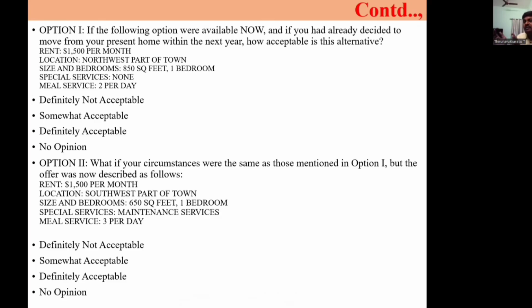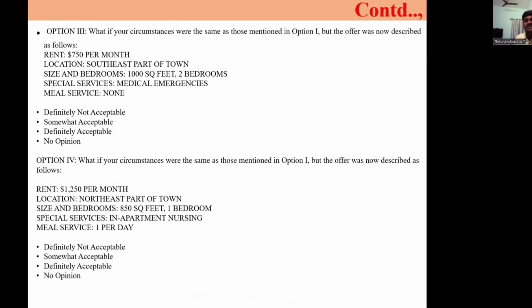Now we have included another four options: options 3, 4, 5, and 6. Option 3, $750 per month as rent, southeast part of the town, 1,000 square feet house with two bedrooms, and medical emergencies none. No meal services. Option 4 is $1,250 per month, northeast part of the town, 850 square feet, one bedroom, apartment nursing, one meal per day.